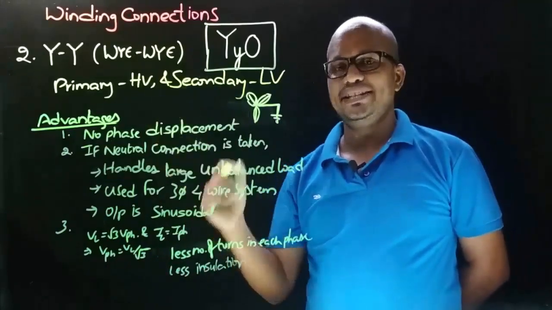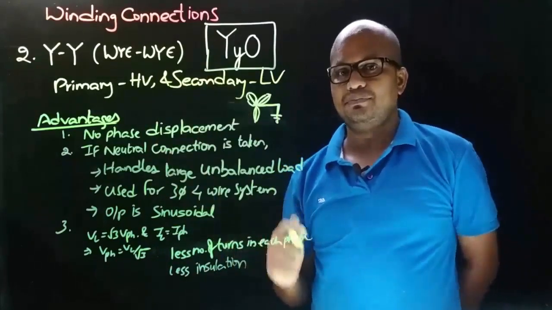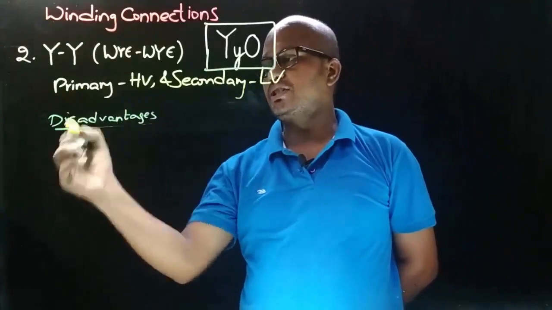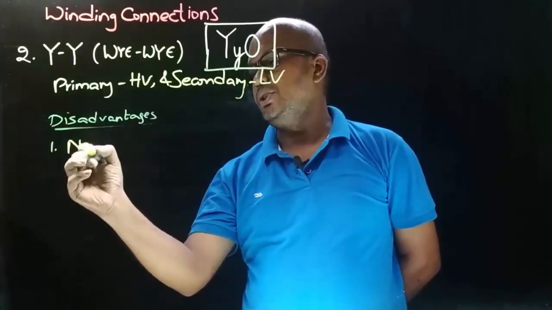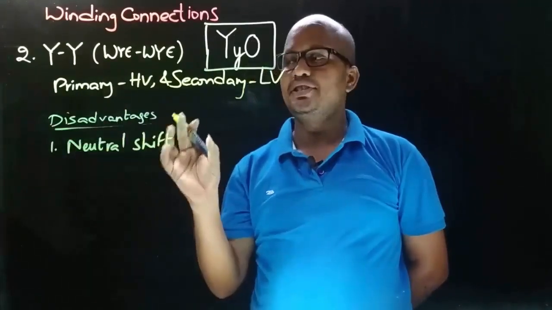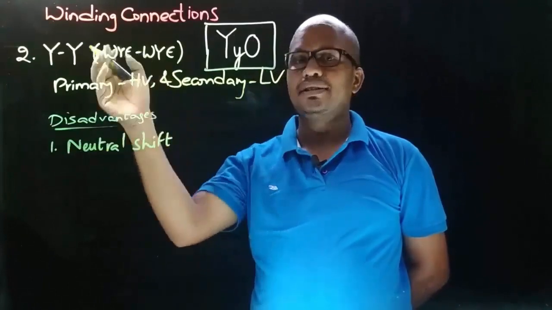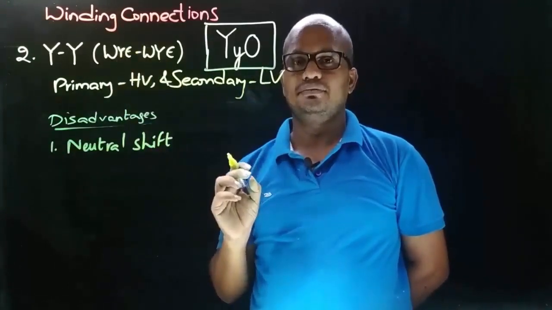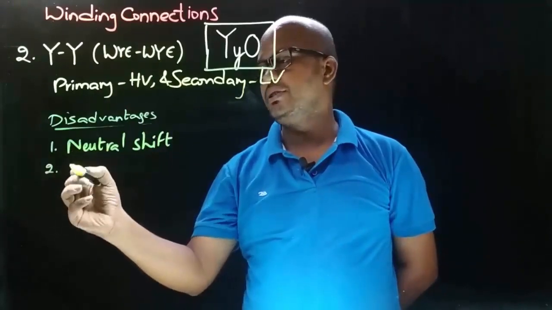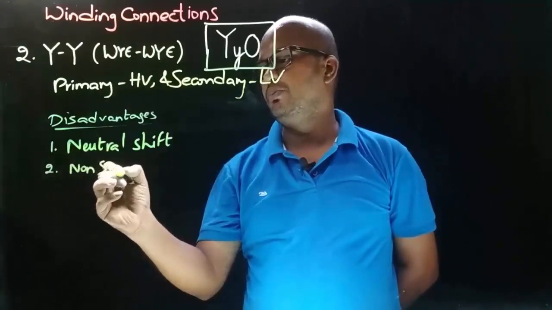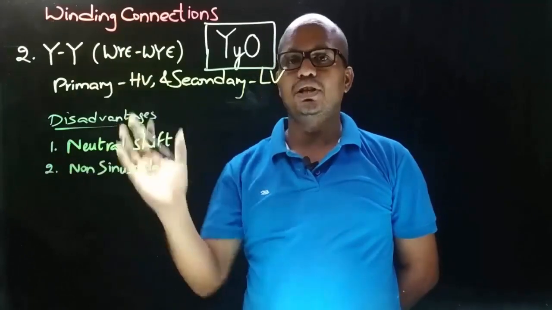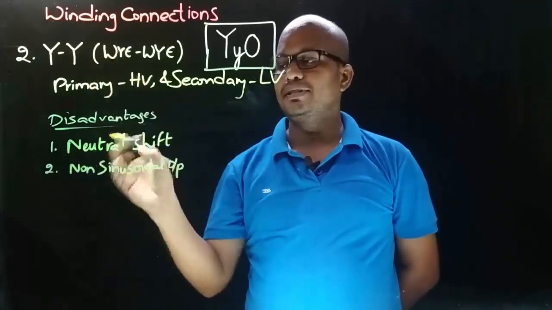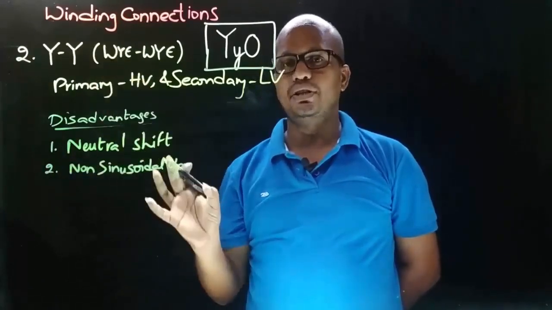Now let's move on to the disadvantages of star-star connection. The main disadvantage of star-star connection is neutral shift, means there is an oscillating neutral in star-star connection, and to reduce that, neutral connection is taken. And the second disadvantage is non-sinusoidal output. So as there is no neutral connection, the output from star connection is non-sinusoidal.